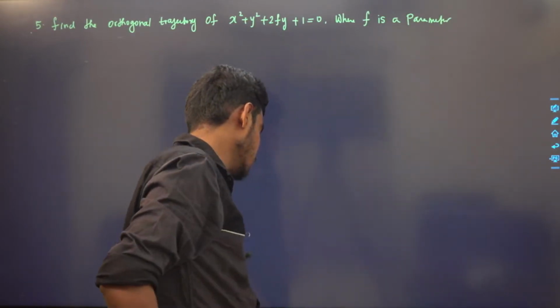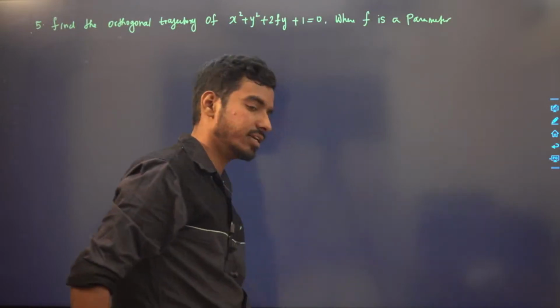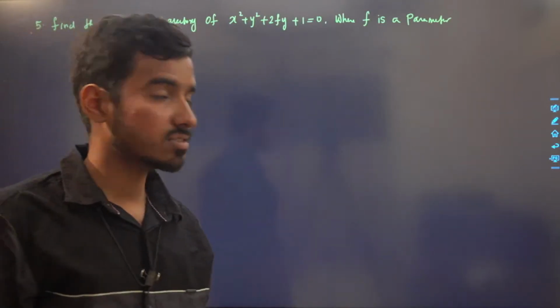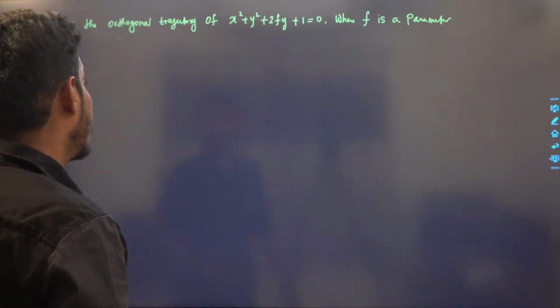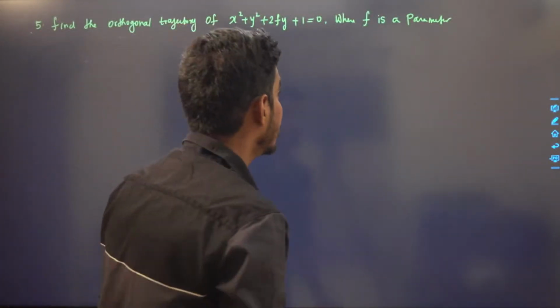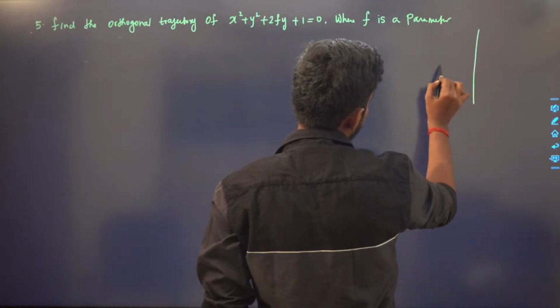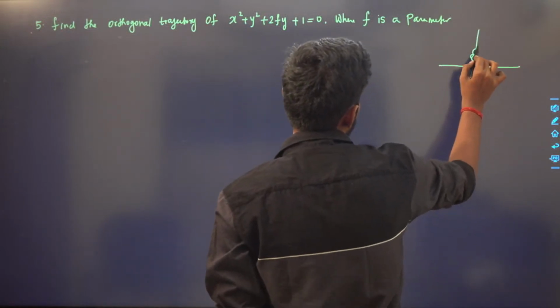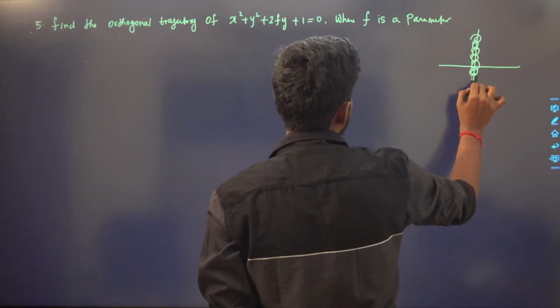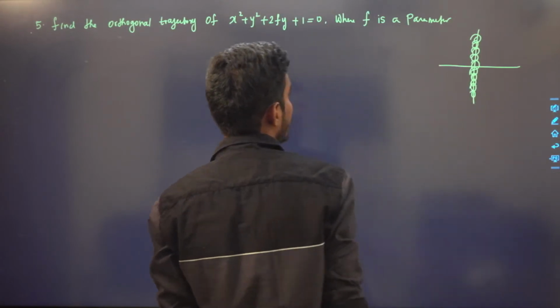So this is all those circles that are centered on the y-axis, right? You can see our center is minus g comma minus f, and g is 0 here. So we need to find the orthogonal trajectory for this family of circles, right?